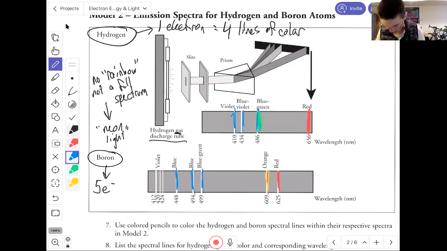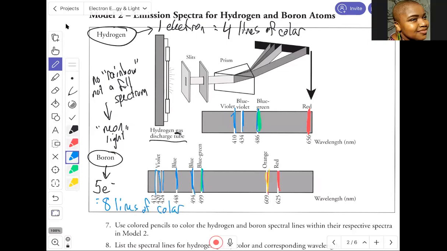Blues, blue-greens, and then all these violets down here. So I have at least 1, 2, 3, 4, 5, 6, 7, 8. I have at least 8 lines of color. So before I go too much farther, does it seem that there is a relationship between the number of electrons and the number of lines of color that can come off?